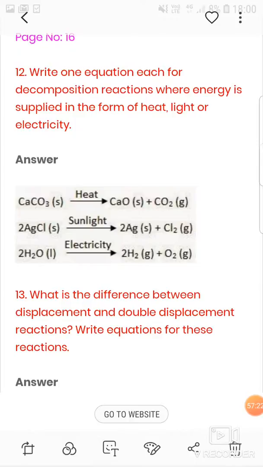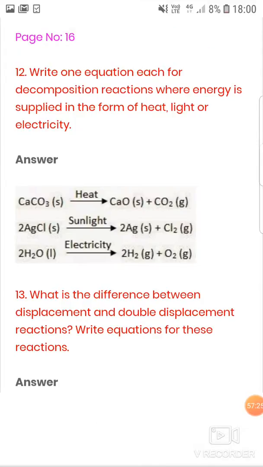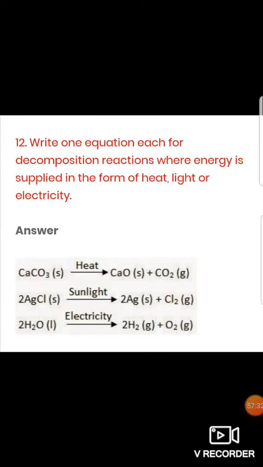What is the difference between displacement and double displacement reaction? Write equations for these reactions. I think this question is repeated again.